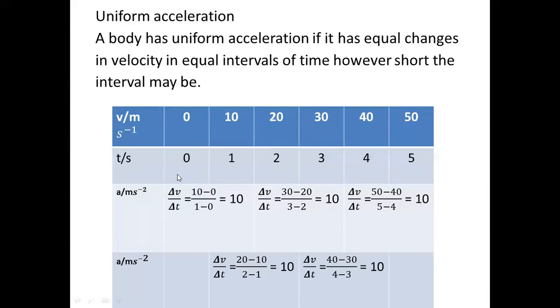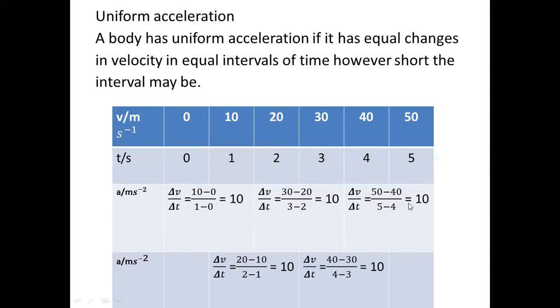For example, this is the acceleration calculated for the time interval from 0 to 1. The formula of acceleration is change in velocity over change in time. So change in velocity is 10 minus 0 for the time interval 0 to 1, and the change in time is 1 minus 0. So it becomes 10.